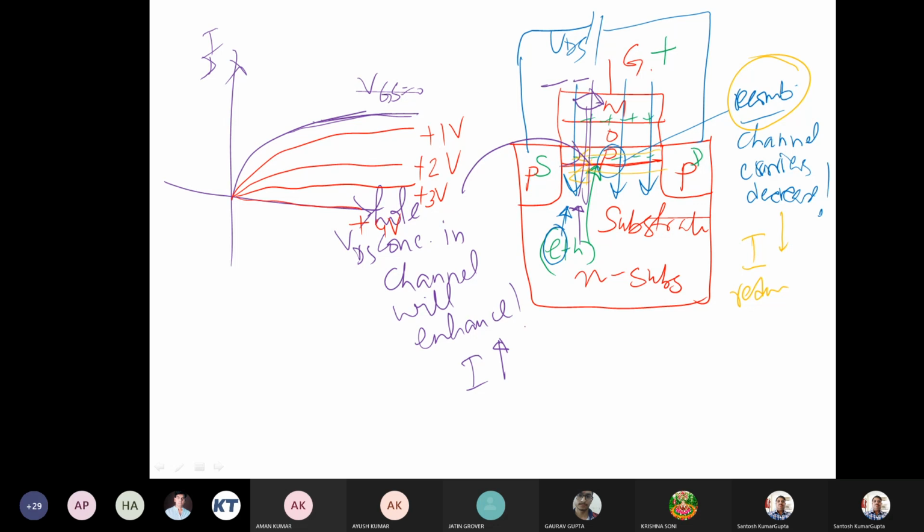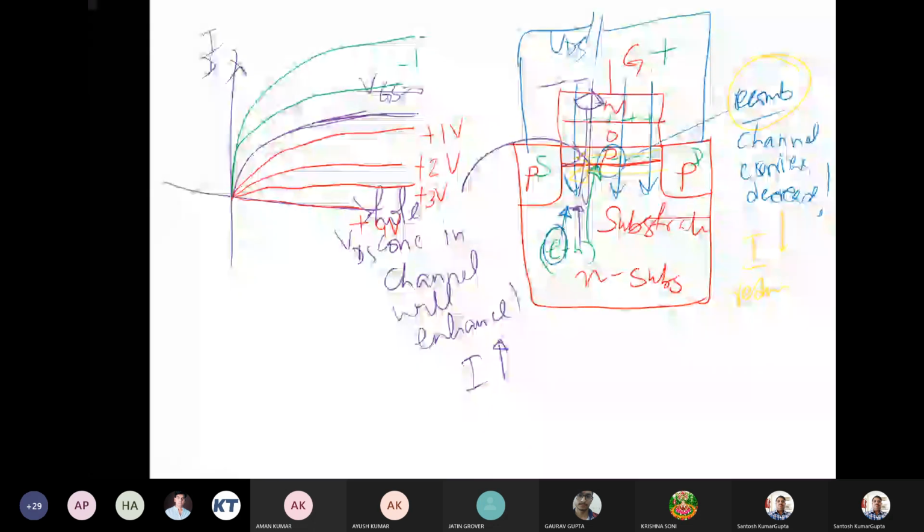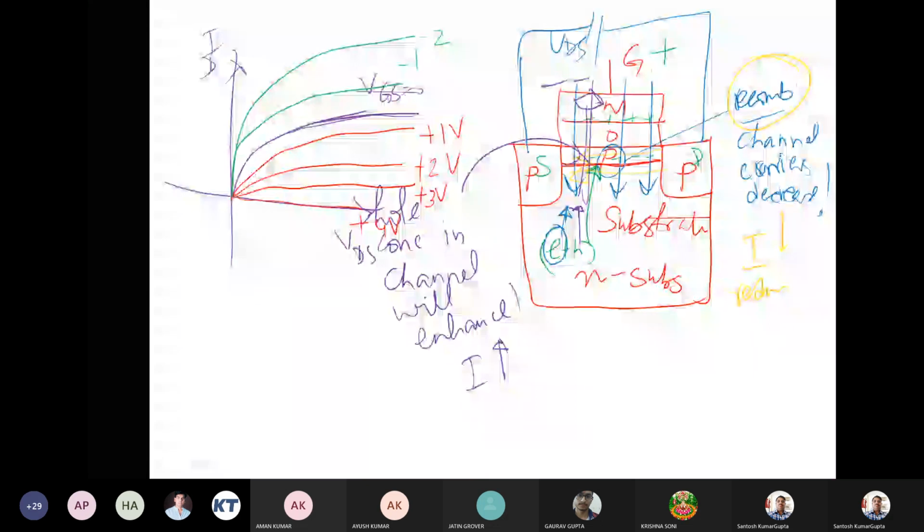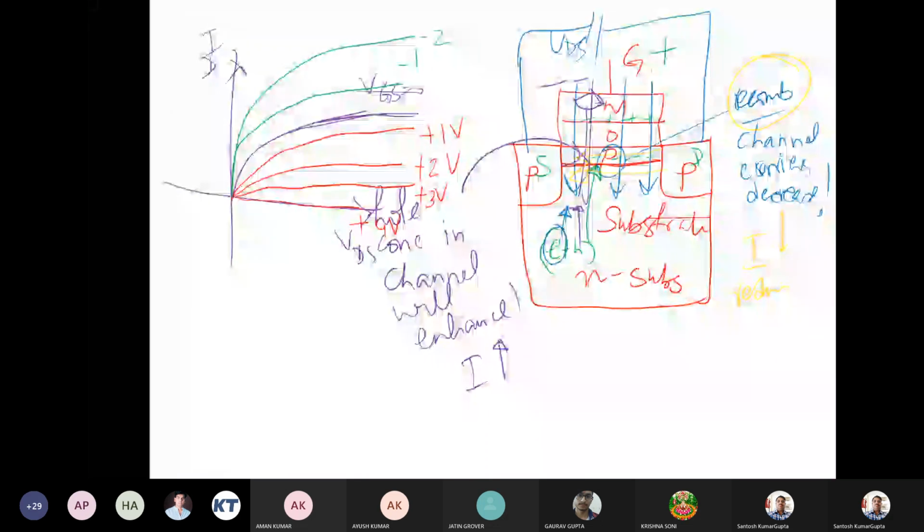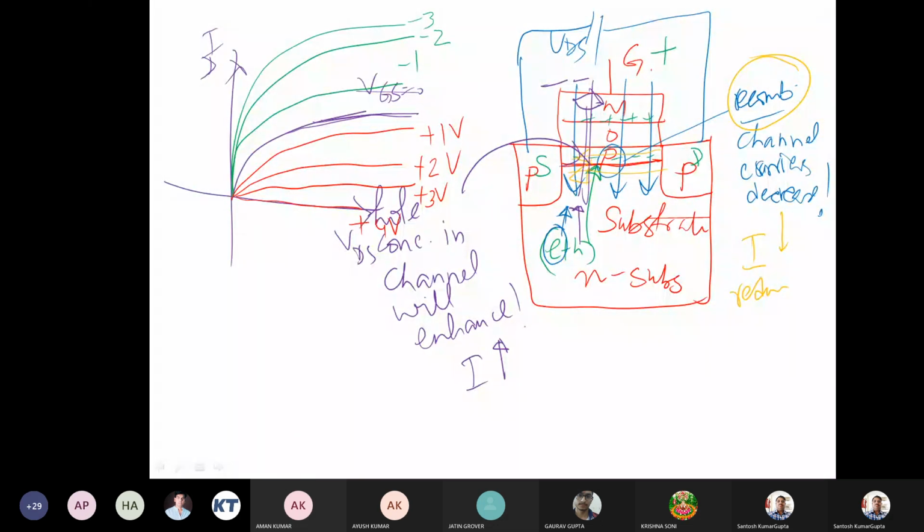On the other hand, if we apply a negative gate voltage, then the channel gets enhanced and the current will increase, something like this. So we have such different output currents, like this.